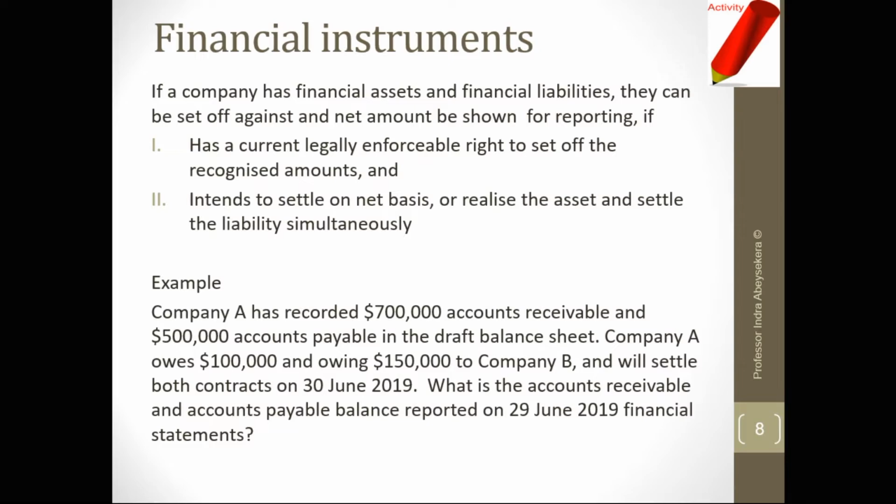If you look at another example, a company has recorded 700,000 accounts receivable and 500,000 accounts payable, and that company is owed 100,000 and owes 150,000 to company B, and both will be settled on a specific day.